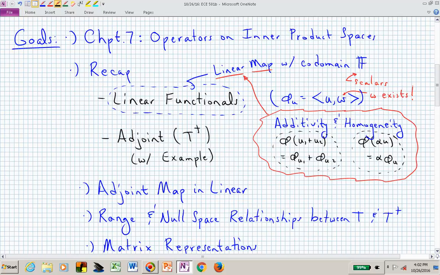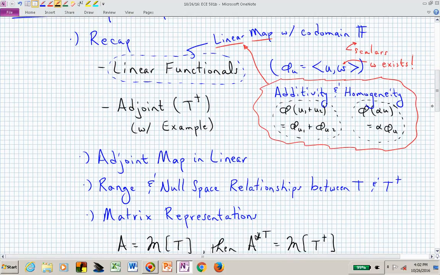But if we do have a linear functional, we can actually find a vector W that will provide us with an inner product that does equal that linear functional. And if it's a linear map, remember that we have these 2 properties that govern a linear map, and that's additivity and homogeneity.